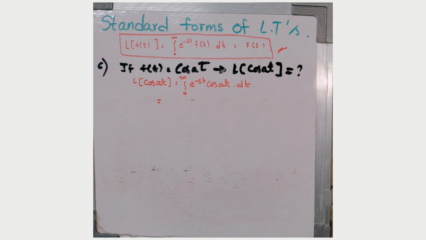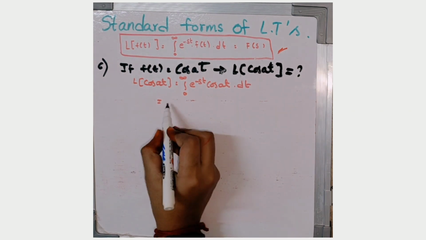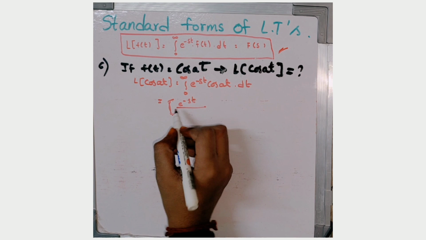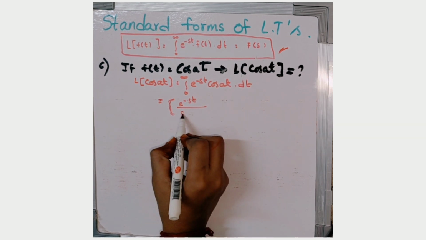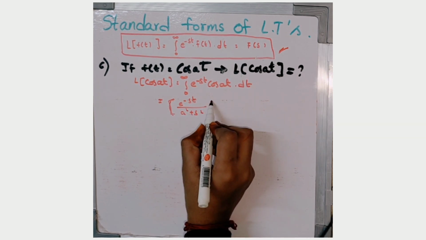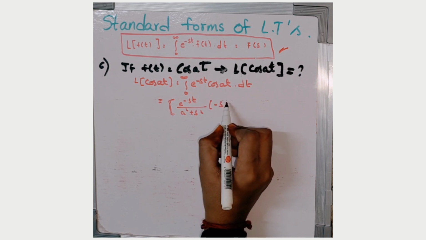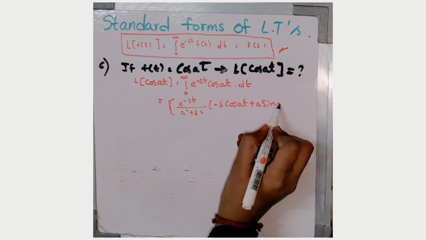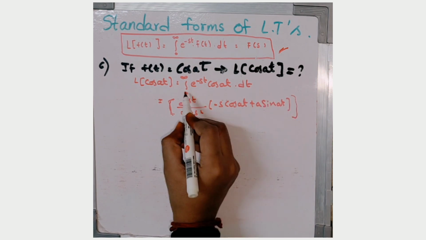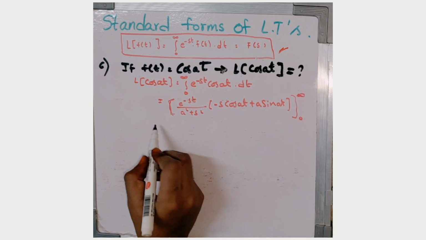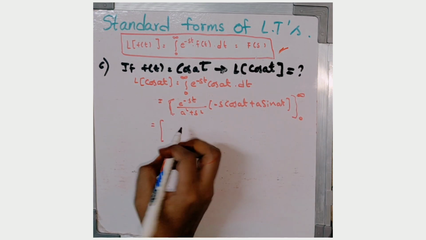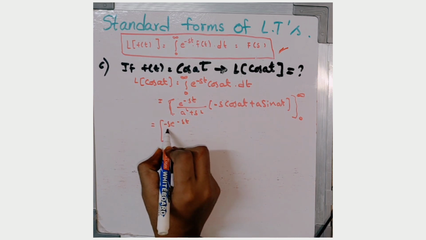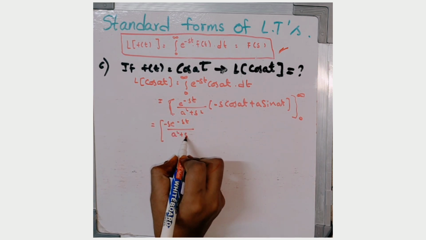So the formula is e power minus st by a square plus s square into minus s cos at plus a sine at. That is the formula, and the limits you have to apply are 0 to infinity. Same as sine at, just multiply with this, e power minus st by a square plus s square.